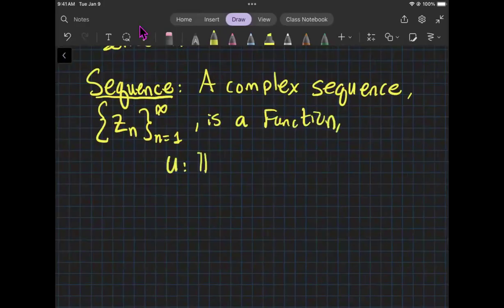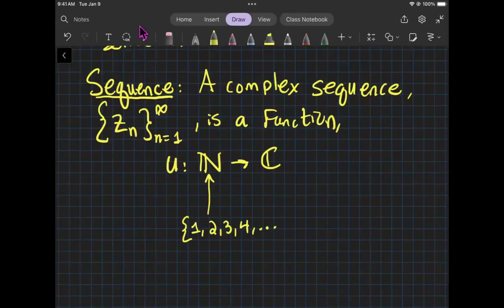And it maps the natural numbers to complex numbers. So this n represents the set of natural numbers, so positive integers 1, 2, 3, 4, 5, and so on. This here is the set of complex numbers. We've seen that before.